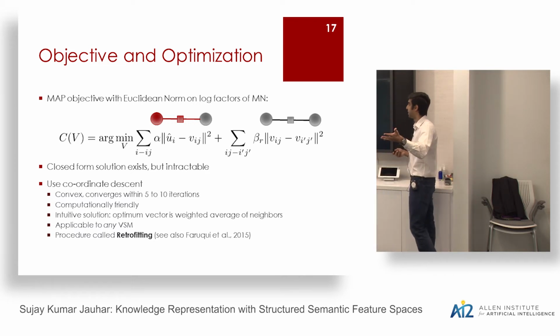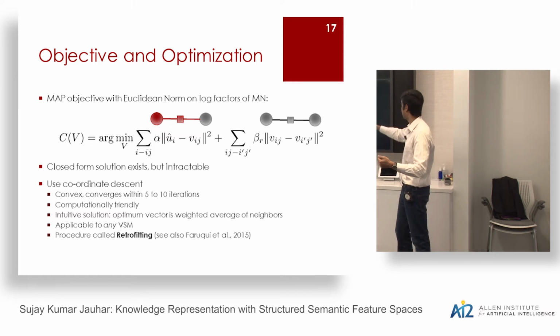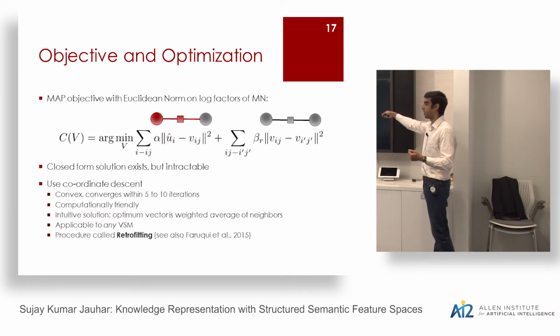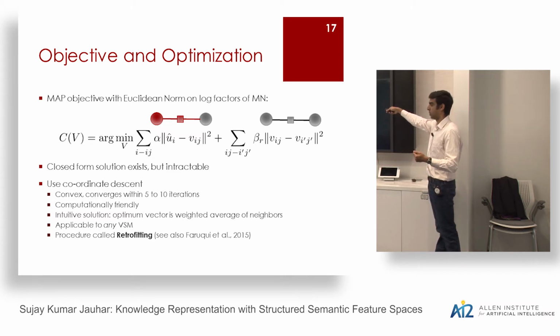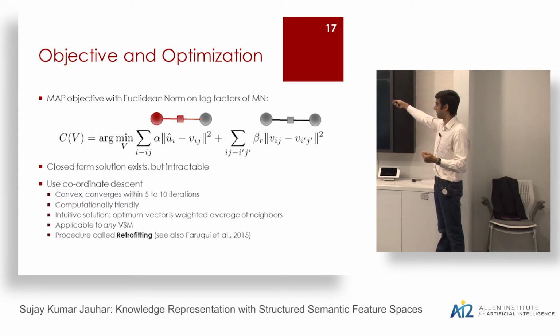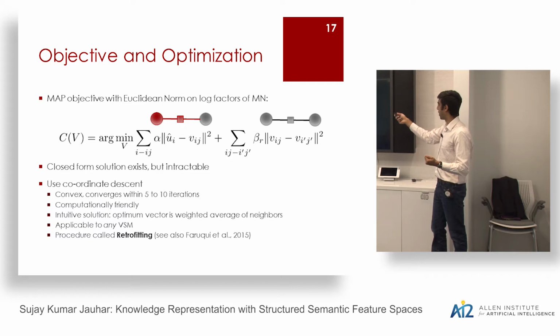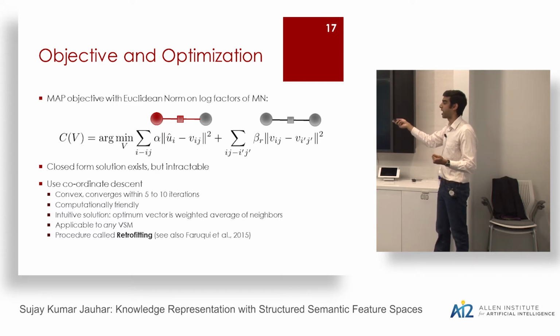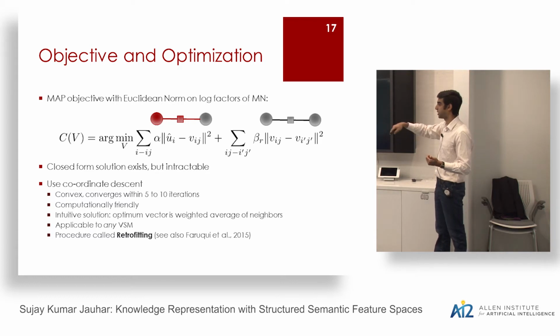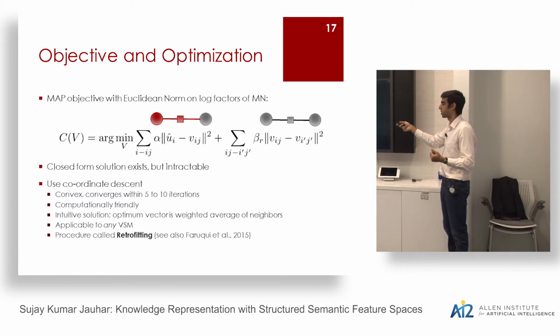So you want to rely on your data, which is given to you by the first set of clique potentials. And then you also want to rely on the structure of the ontology, which is given to you by the second part, the gray clique potentials. And you have weights controlling how much you want to rely on the vectors versus how much you want to rely on the structure of the ontology.